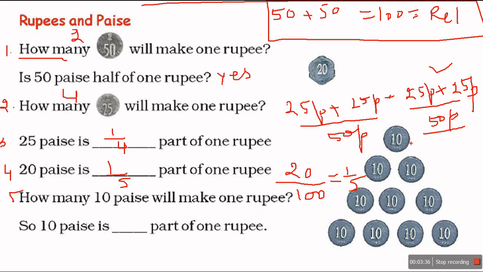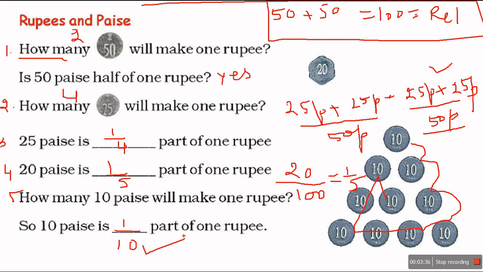So you can see 1, 2, 3, 4, 5, 6, 7, 8, 9, 10. So 10 paisa will make 1 rupee. So 10 paisa is 1/10 part of 100 paisa. That is 1 rupee.